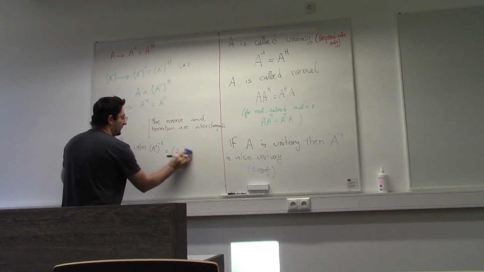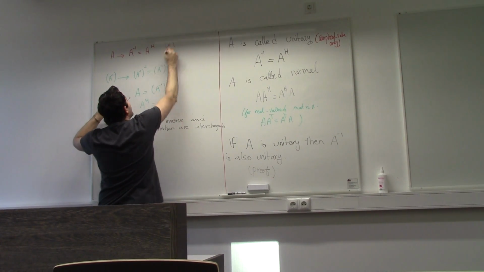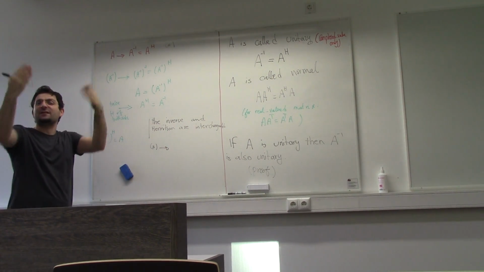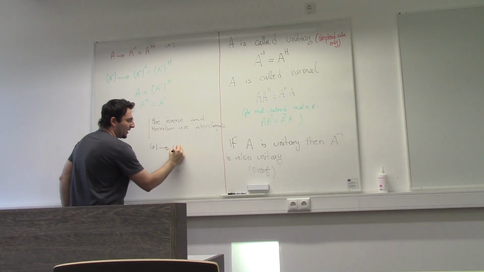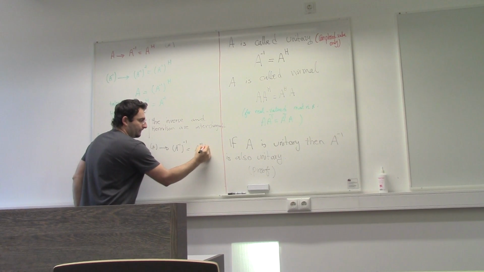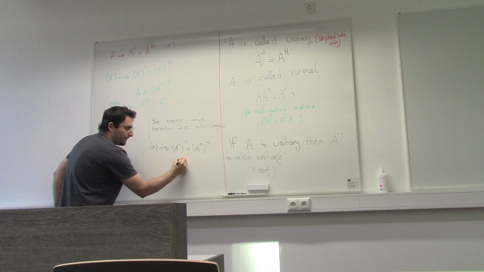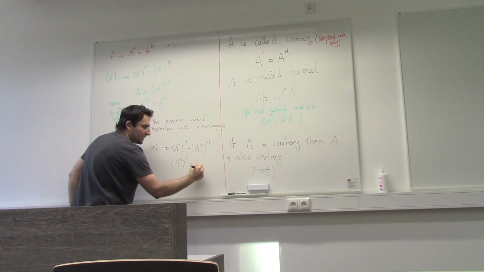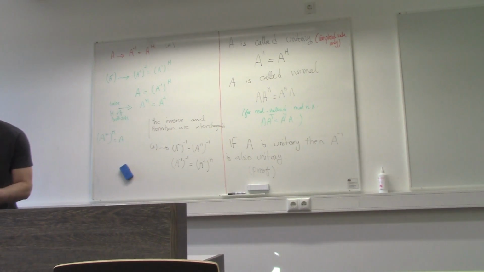I can use this and write this equation as, I take the inverse of both sides. So what I have is, I interchange these two. And look what I got.